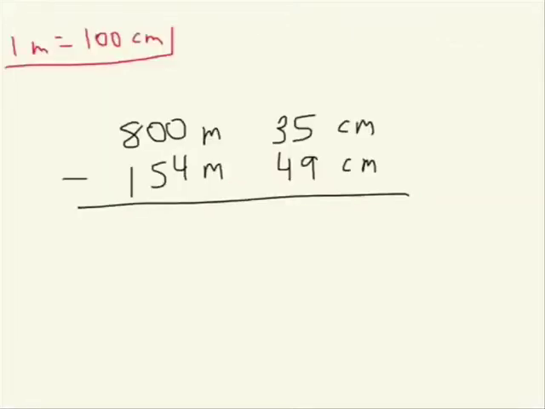So here I have rewritten my subtraction problem in columns, so my meters are lined up and my centimeters are lined up. And of course I'm going to start from the right, but right away I'm seeing a problem that I can't take 49 centimeters away from 35 centimeters. So I'm going to have to go over to the meters and borrow some to regroup.